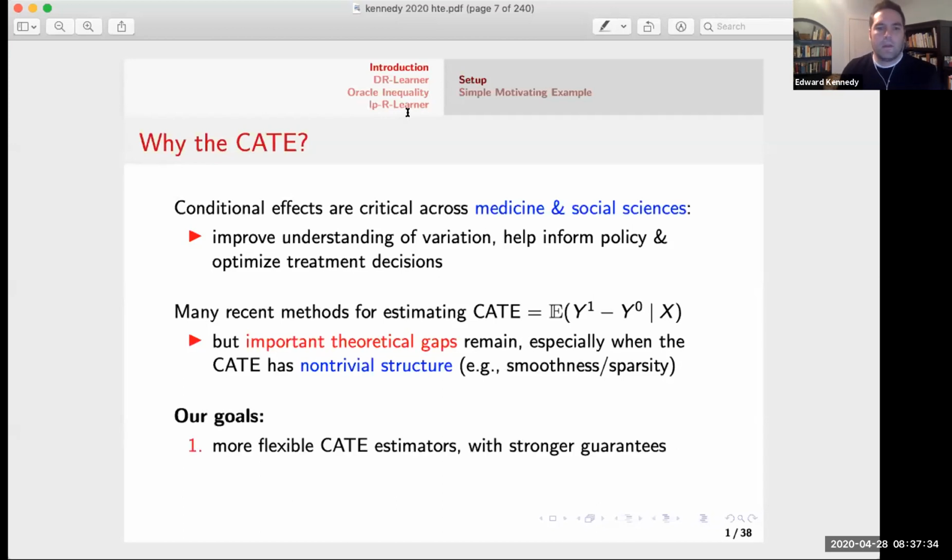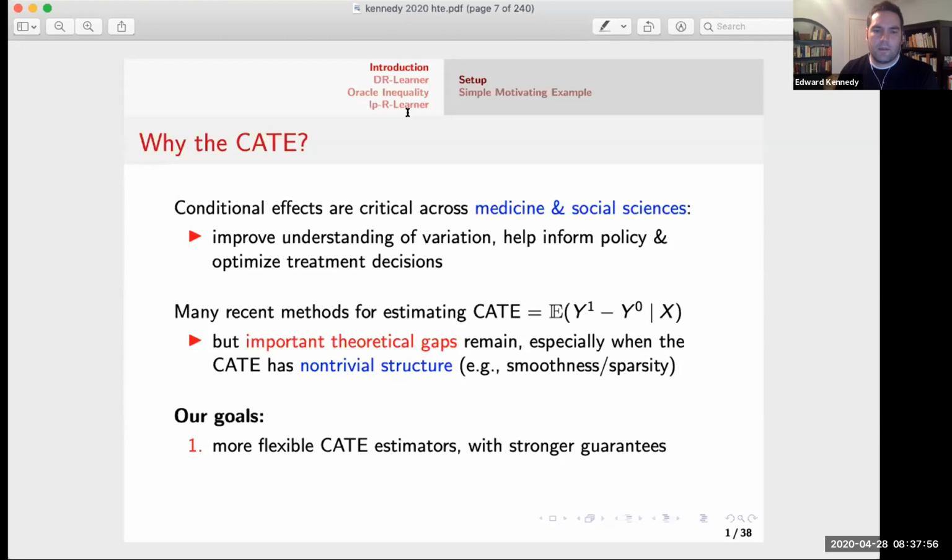generating process. So just to give you an overview of the main goals of this work, there are two broad goals. The first is to provide flexible estimators of this conditional effect, this CATE, that give stronger guarantees for a wider variety of methods. That's the first goal. It's more practical.